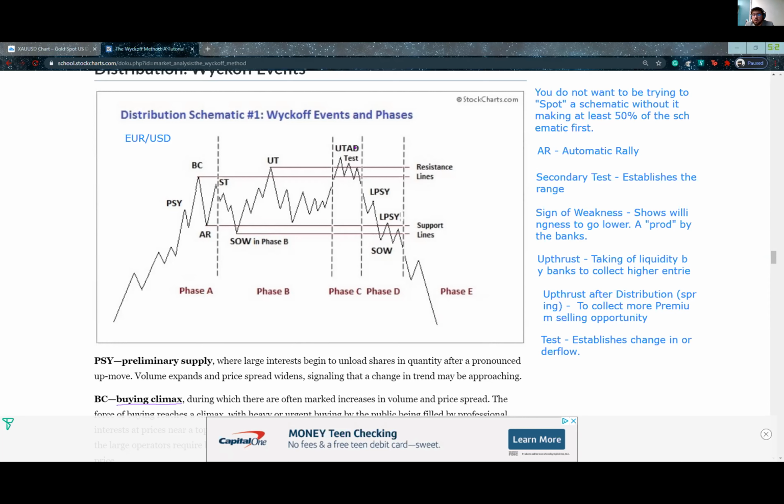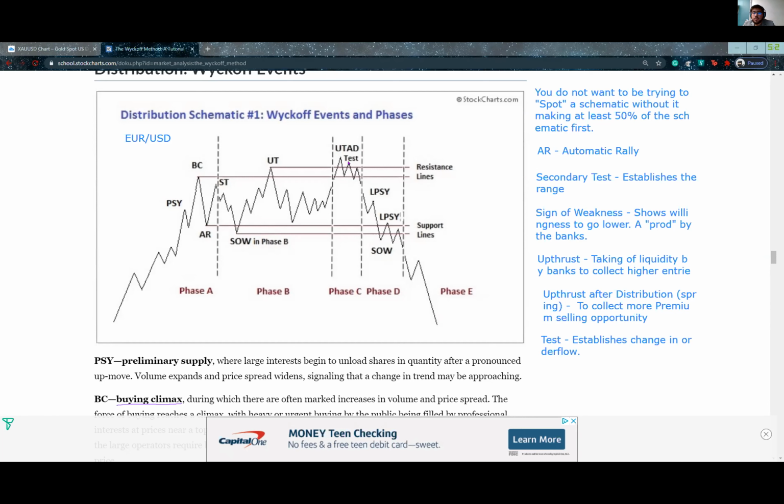If you want a very low drawdown, high precision entry, I would suggest you go for the LPSY rather than the test, because the test establishes bearish order flow in the sense that it holds the high, meaning that it does not go past the high and it continues lower. So it starts creating that downward movement.